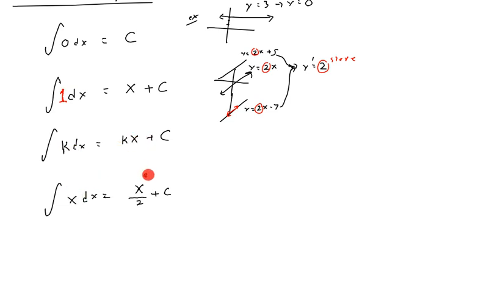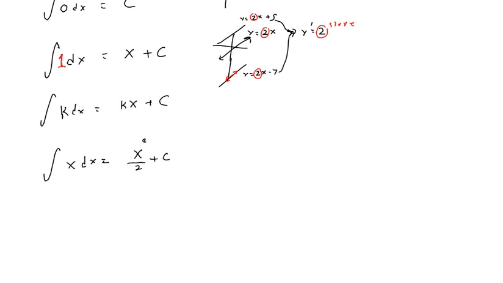But to counteract the fact that I have this 2, remember, I bring it down. To counteract the exponent, I then divide by the exponent. So I bring the x back in, add an exponent, and divide by whatever the exponent becomes, to counteract the fact that it's there.